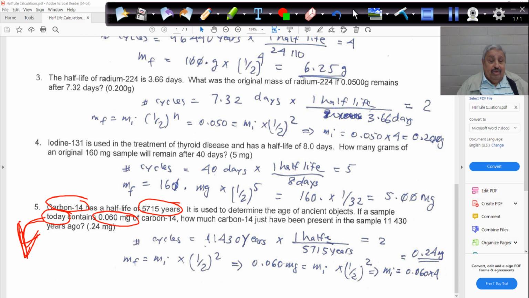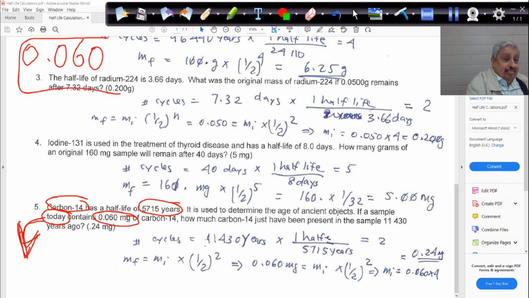How many sig figs do we have? 0.0060. How many sig figs? 3? 4? Come on, guys, what is the significant figure of this number?